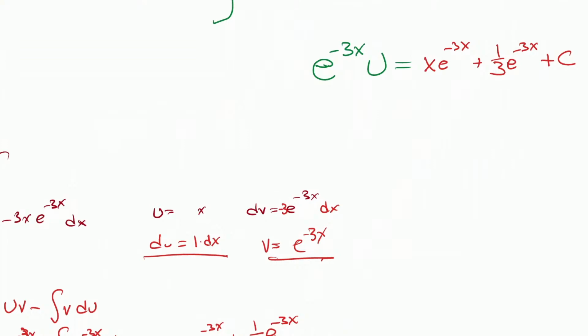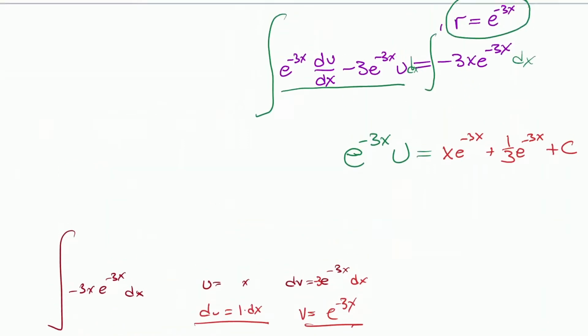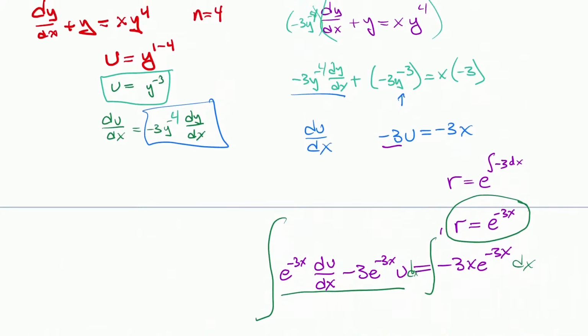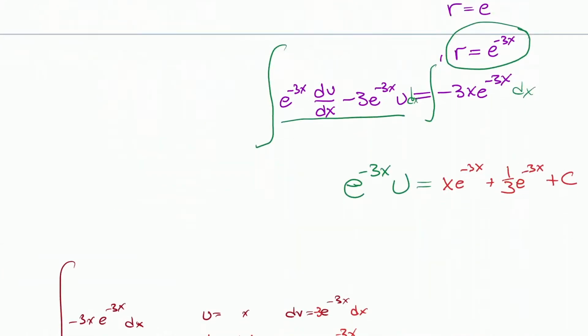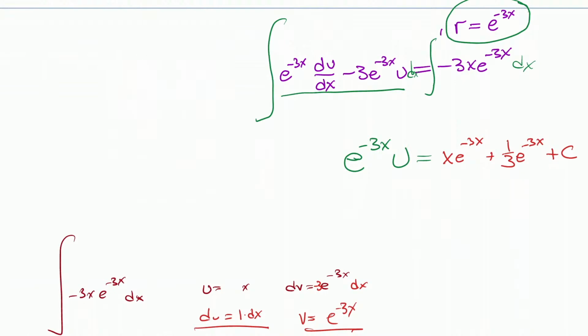One last thing we got to do, and that's to go back to y. Where is y? Where's the substitution? There it is. There's the substitution. u is equal to y to the negative 3rd. So that's simple enough. Also, I think it would be easier if I multiplied everything by e to the negative 3x, so I could get rid of all of these e to the negative 3x's.